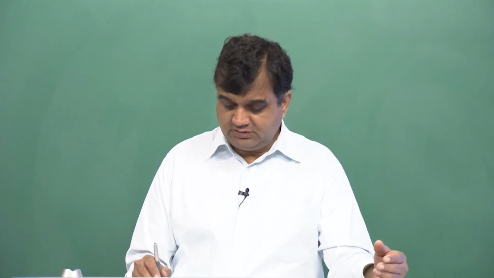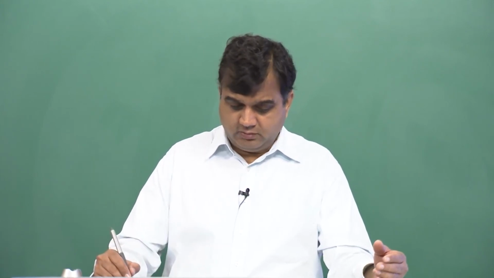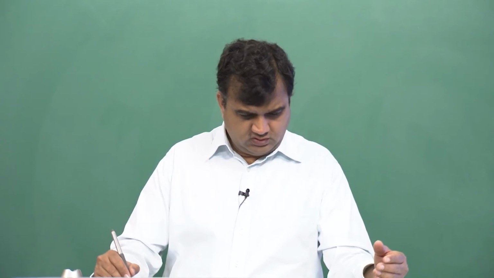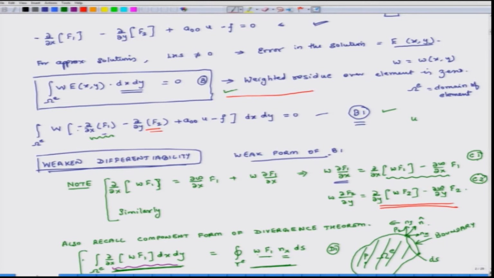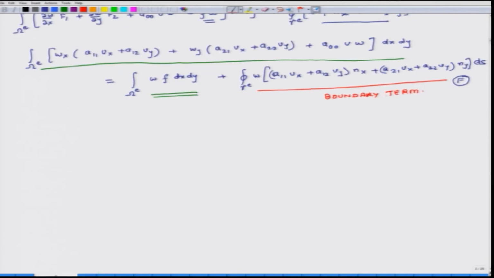We are seeing that the same thing happens here. This is the strong form because the differentiability requirement is higher. Here there are no boundary terms, but when we weaken the differentiability, we get some boundary terms in the process, okay. And these boundary terms help us understand what kind of boundary conditions we need to know to solve this problem.